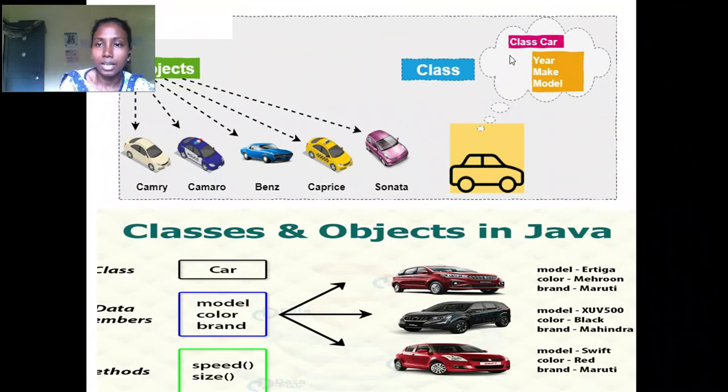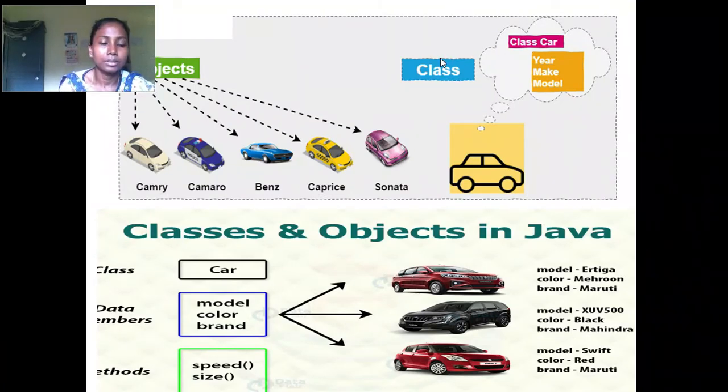Car is the class, and it has fields or data members, here make and model. So car is the class, and these are the objects. These objects are of the same type, with the same behavior or properties, and they belong to this Car class.